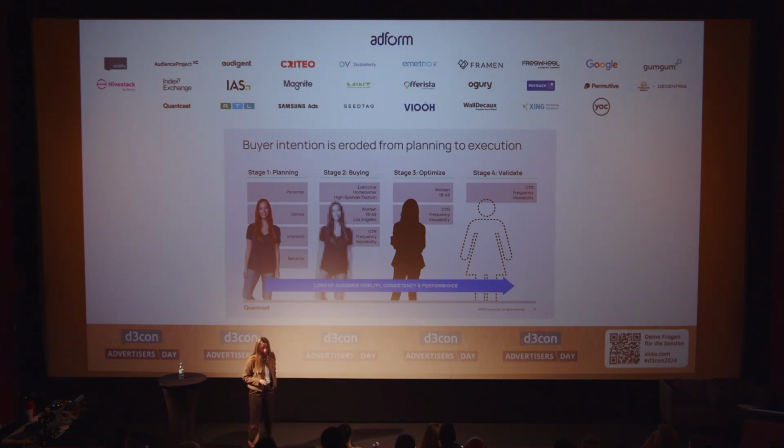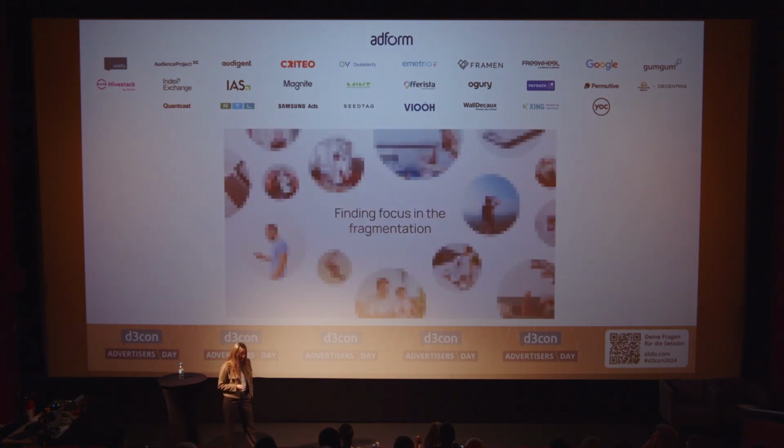So there's quite a disconnect and a loss of the whole audience fidelity, no consistency really, and as a result, also of performance. This is where AI can come into place. If you use a unified platform and pair that with first-party real-time data, that's where you can find focus in the fragmentation.